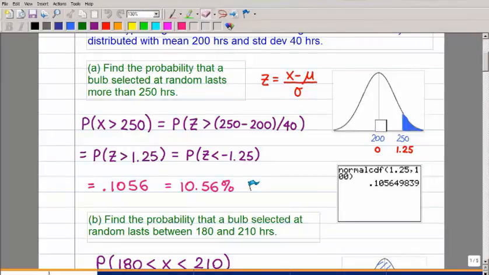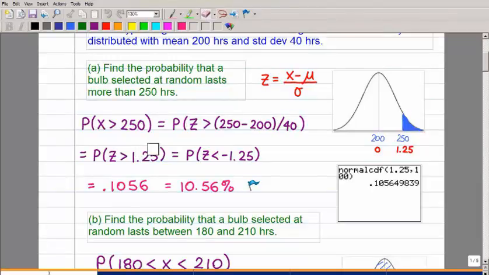I sketched a little picture here where the blue values represent random variable x with a mean in the middle, then 250, greater than 250, and then right below it are the converted z values. So the 0 is always in the middle for the z, and 1.25, so it's the area to the right of 1.25 on the standard normal curve. Now there's two ways we can do this.